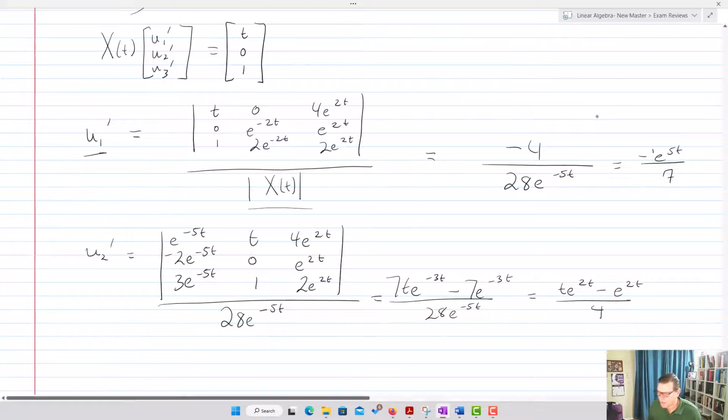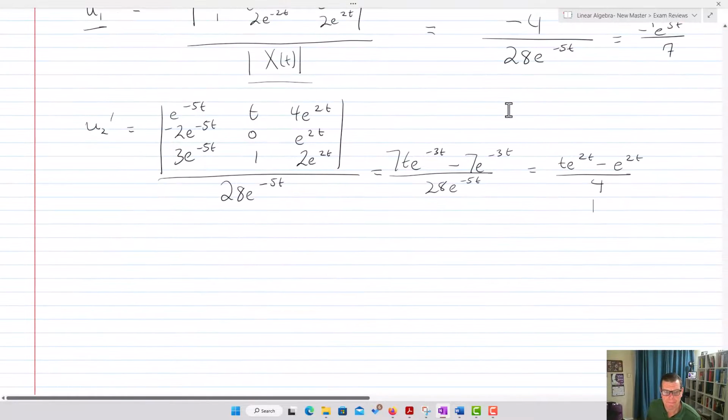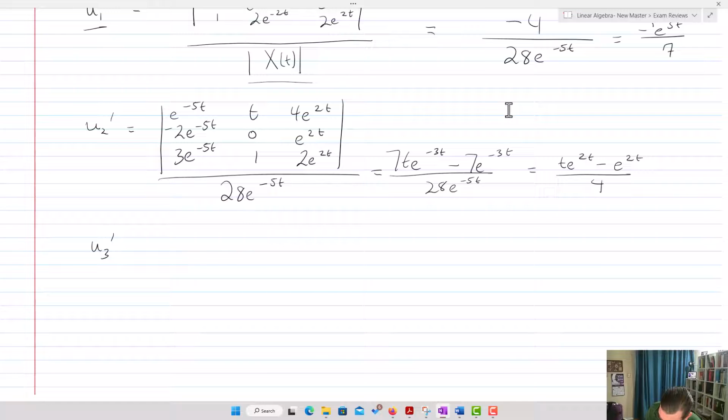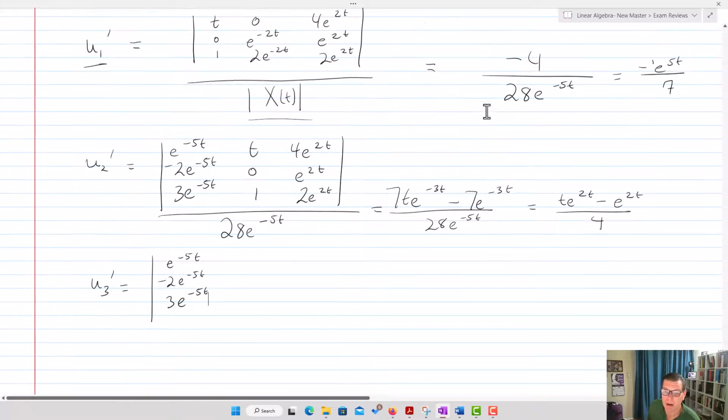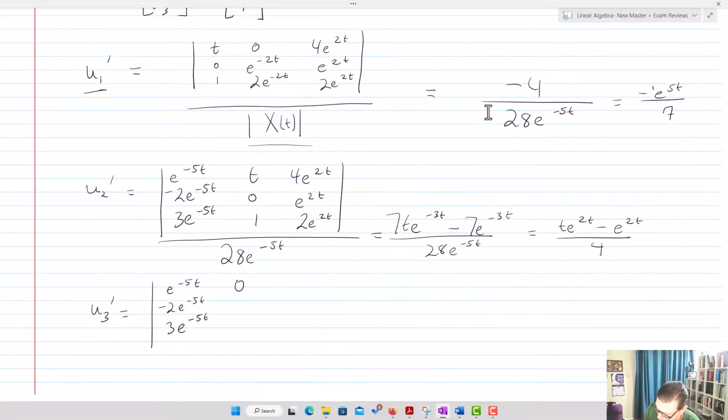So now we'll do u3 prime. So u3 prime is going to equal, and so we've got e to the negative 5t, negative 2e to the negative 5t, 3e to the negative 5t, and our second column stays the same. It's going to be 0, e to the negative 2t, 2e to the negative 2t.